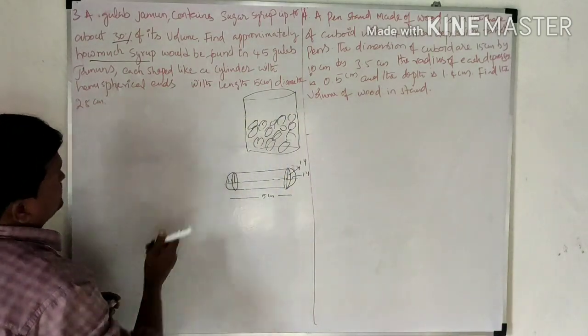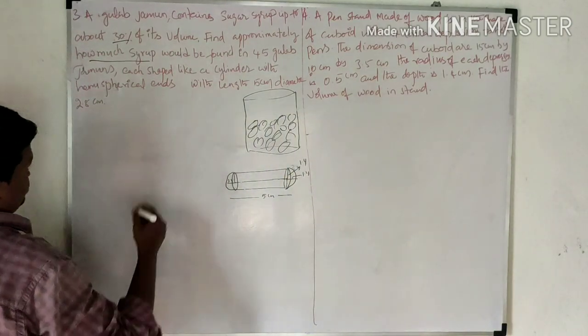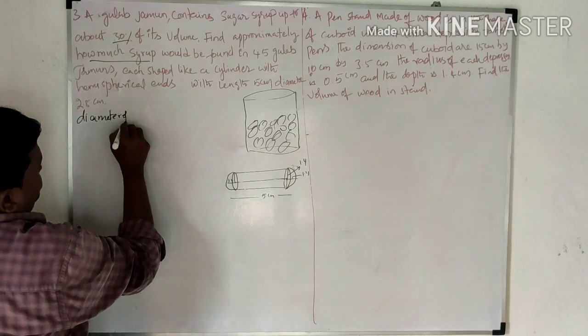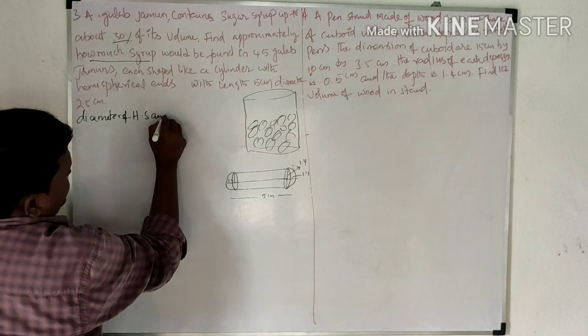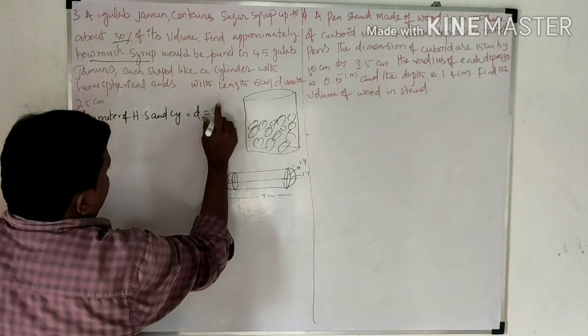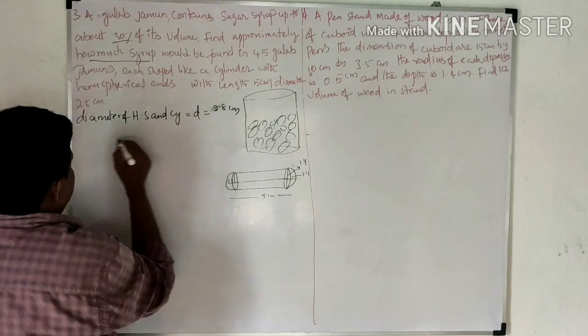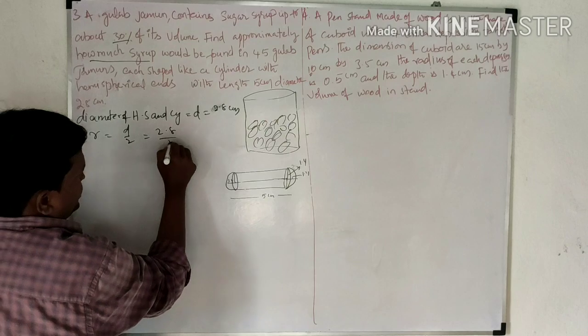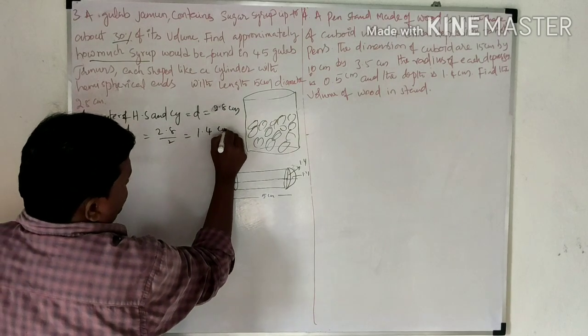See what is given here. The diameter of the hemisphere and cylinder is D = 2.8 centimeters. Then the radius is D by 2, that is 2.8 by 2, equal to 1.4 centimeters.